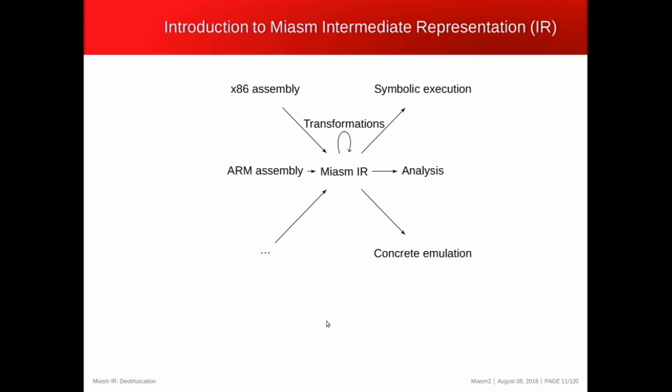But the really interesting thing in Miasm is its internal intermediate representation and language. This language can be extracted from a native assembly language, so we have a translator between the native language and this intermediate representation. Once you have this core feature, you can do some manipulation on it.